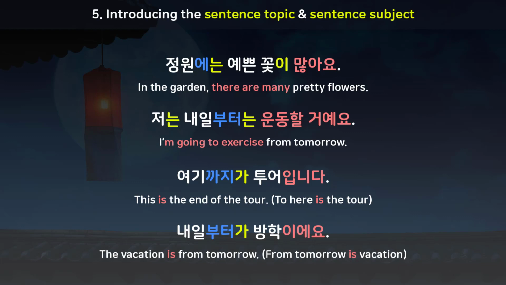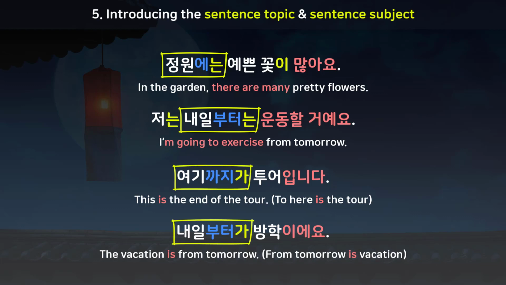So in the first two sentences, the topic particle 는 is used in noun phrases together with the particles 에, meaning in, and 부터, meaning from. And in the last two sentences, the subject particle 가 is used in noun phrases with the particles 까지, meaning to or until, and 부터, meaning from.